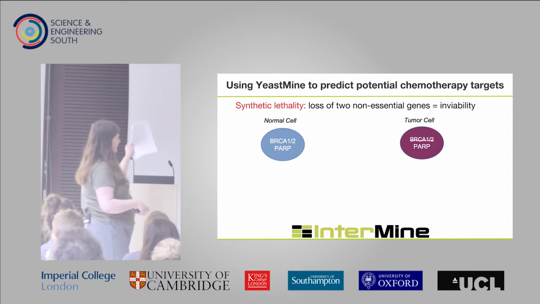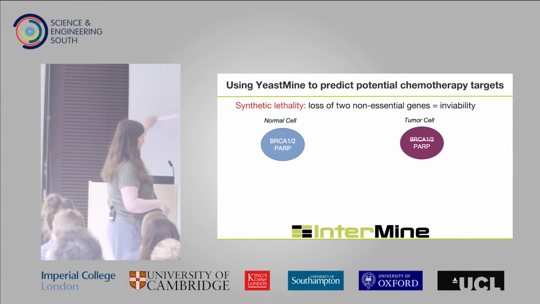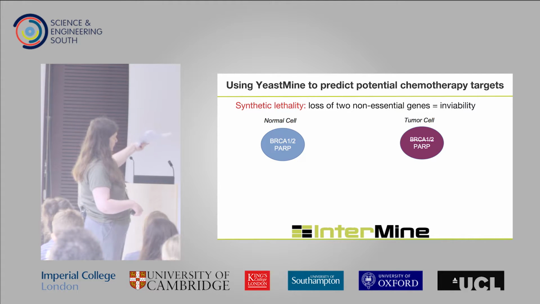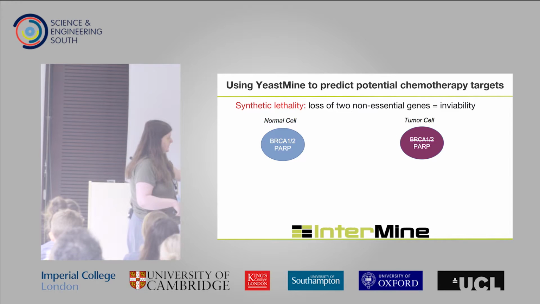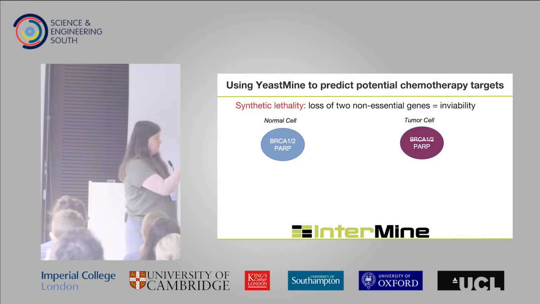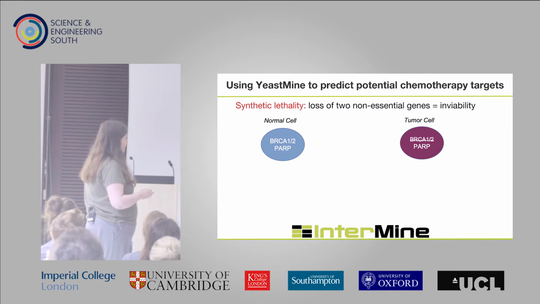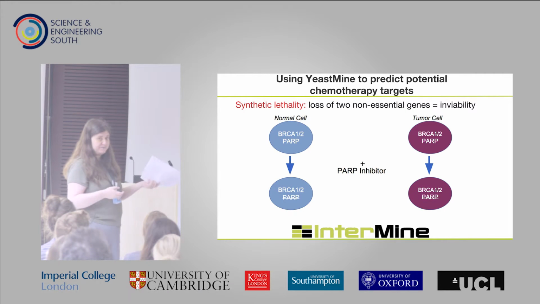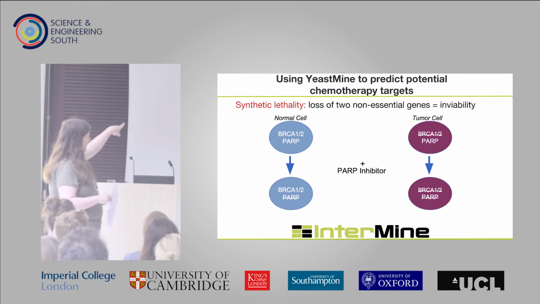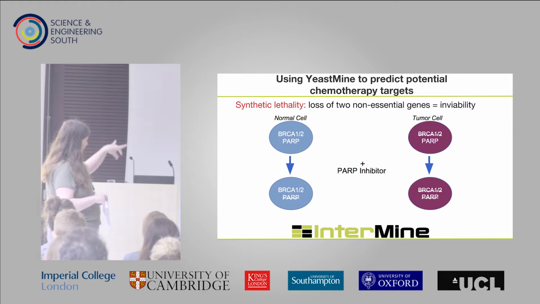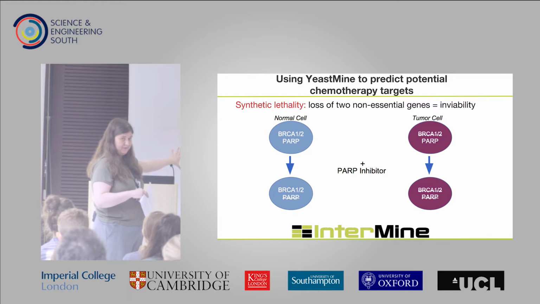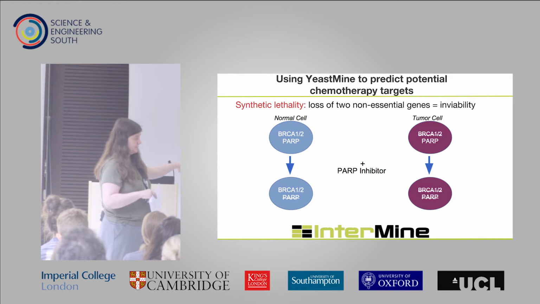In this example, we have a normal cell which has the BRCA gene, the famous Angelina Jolie gene, and PARP. And then we have a tumor cell which has BRCA with a mutation, and PARP. So what we do is we add a PARP inhibitor. This causes PARP to mutate. Because they have a synthetic lethality interaction, the healthy cell, the normal cell, is fine because you only have one mutation.